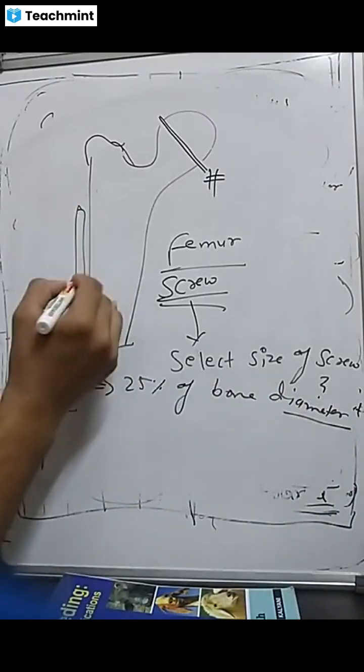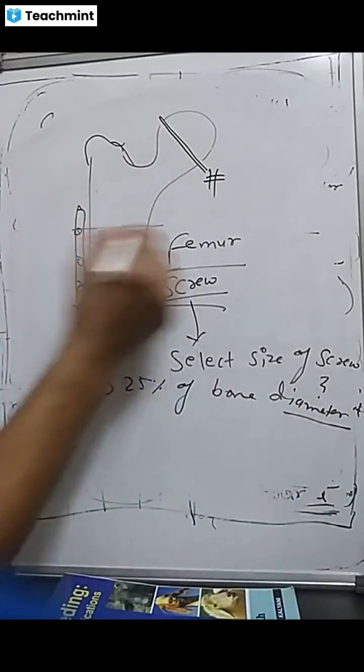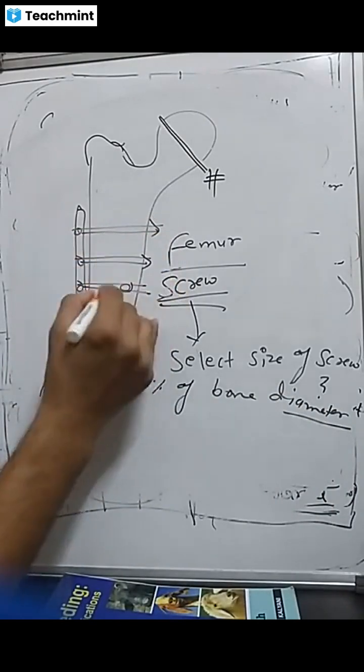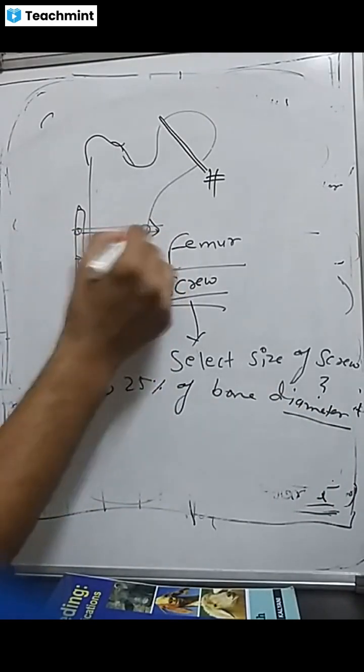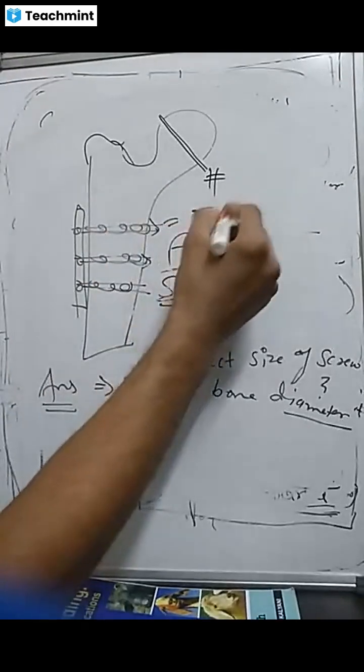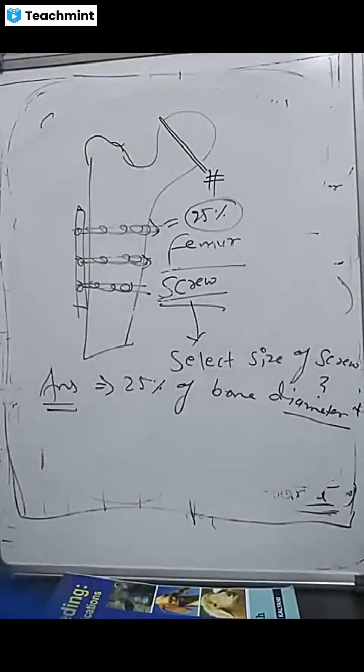If you are applying one plate here, the screw should be 25% of the bone diameter.